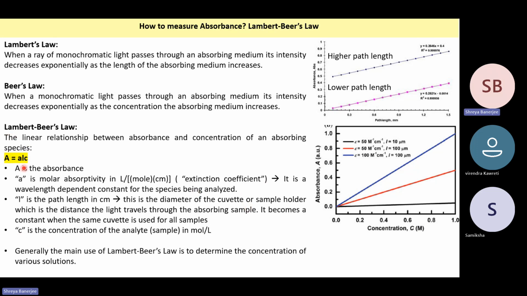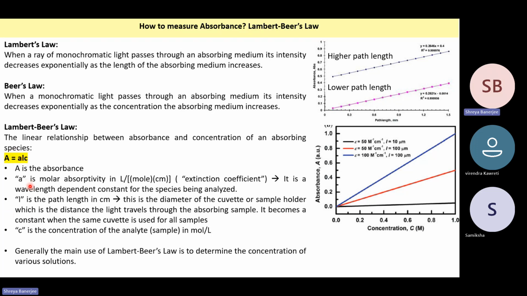Normally, Lambert-Beer's law can be used to determine the concentrations of different solutions. If you have a solution of a compound, you will know the value of this small a, because small a is constant for a particular compound.